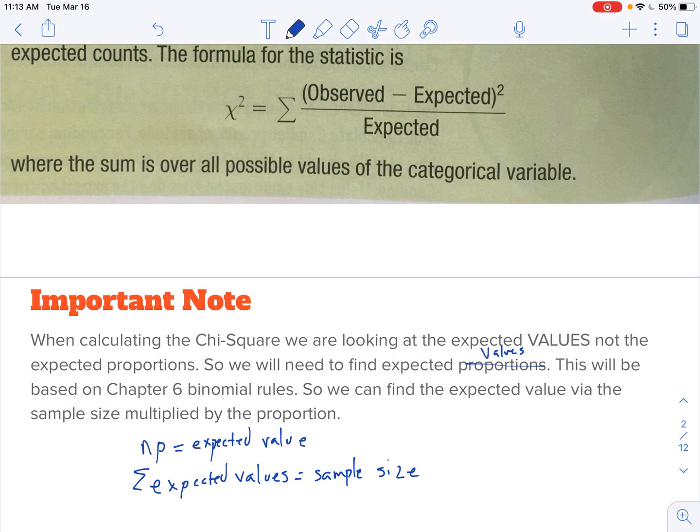So it's really important that we put this over the expected value, because when we divide the observed minus the expected squared by the expected, what that allows us to do is think about the relative difference that it has. If something is 1 away from the expected value and we're expecting it to make up 95% of the proportion, it's probably going to have a very, very small impact on how different the proportions are.